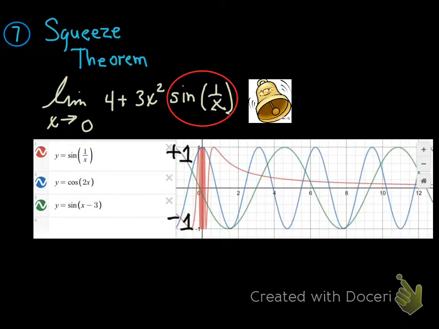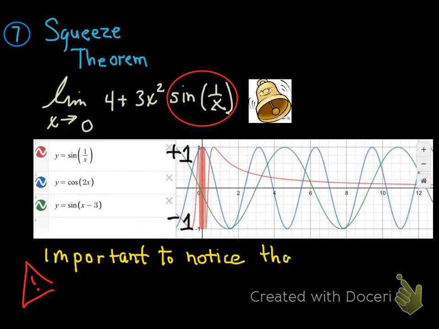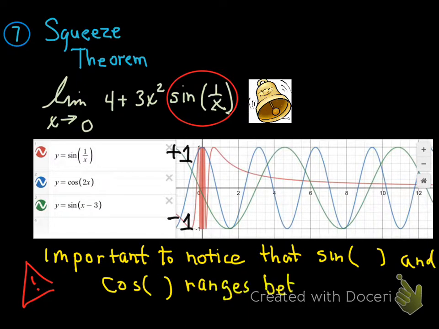They're all squeezed in between a range of negative 1 and positive 1. You'll see how that comes into play here as we do this problem. But the sine of 1 over x catches my eye as a potential squeeze theorem here. So this is just in words important to notice that these functions, the sine of whatever, the cosine of whatever, they range between negative 1 and 1.